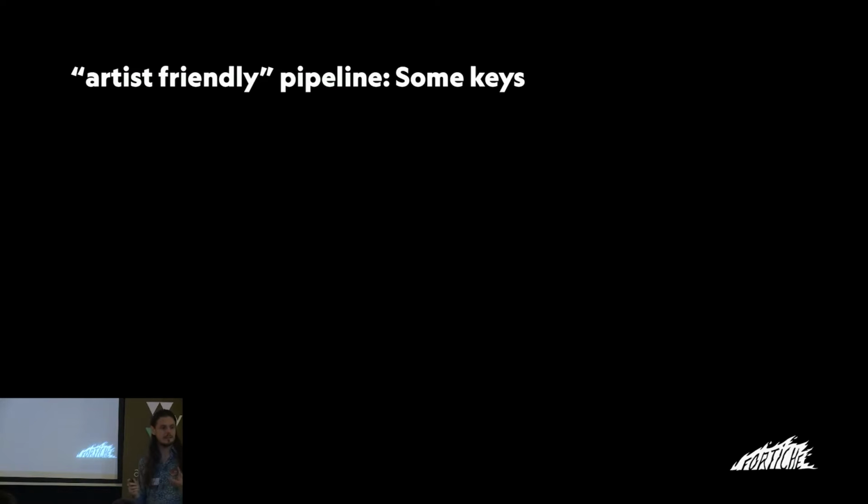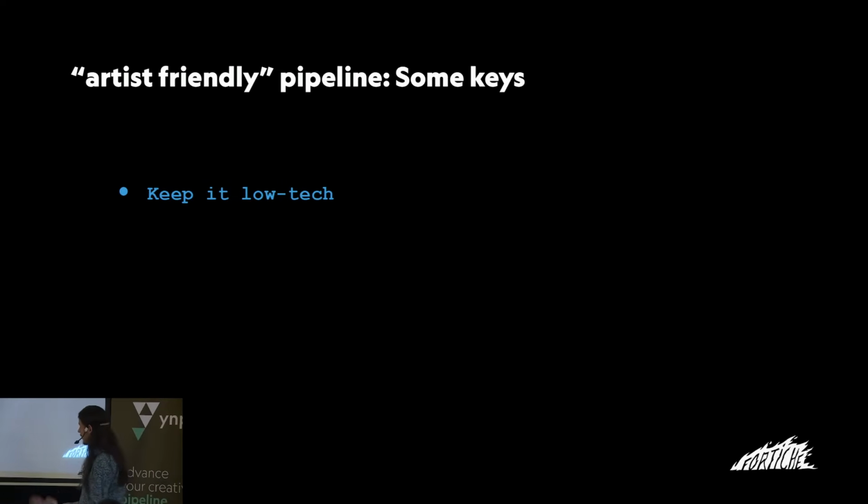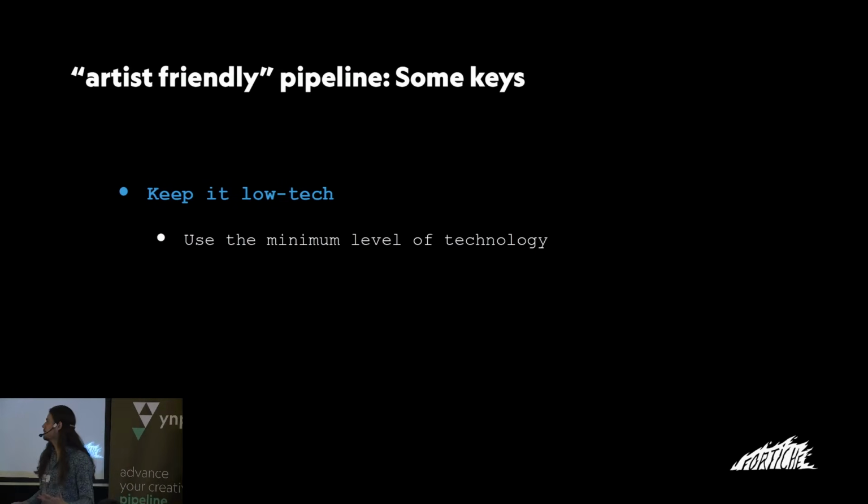Now let's see some keys that can help you to make an artist-friendly pipeline. The first thing is keep it low-tech. You should use the minimum level of technology, because we all want to do super microservices, USD, I don't know, everything real time, all that stuff.